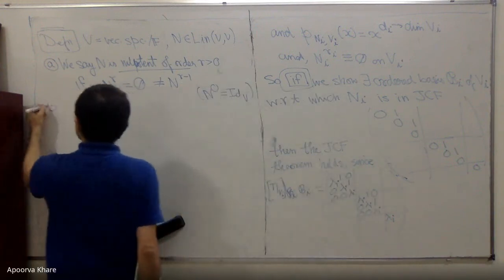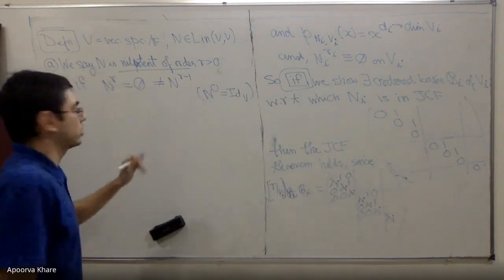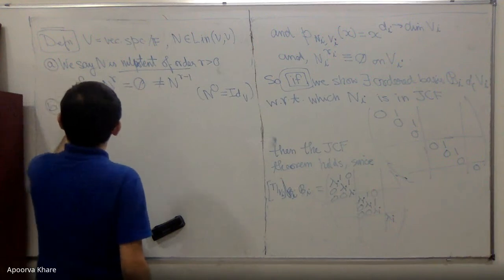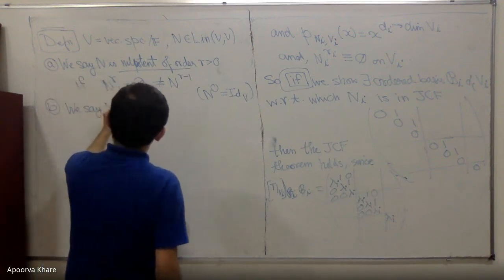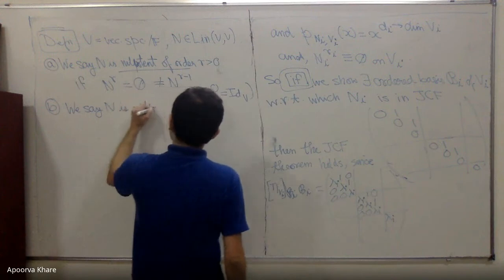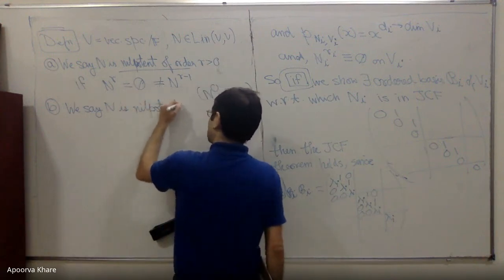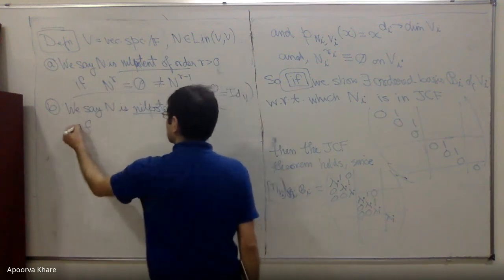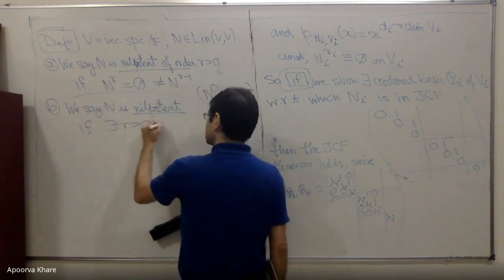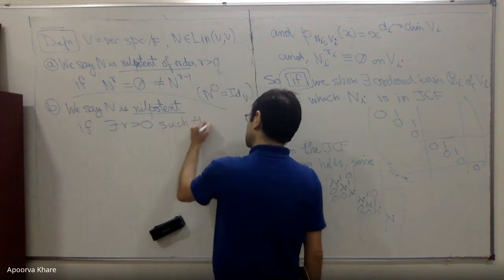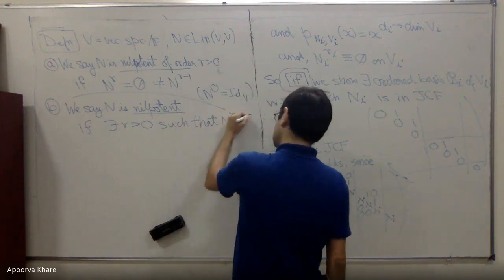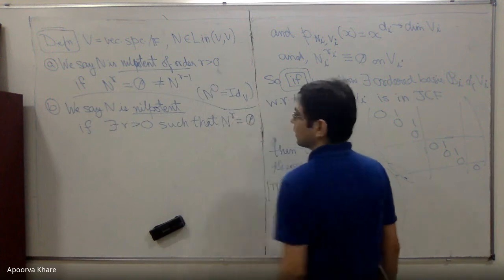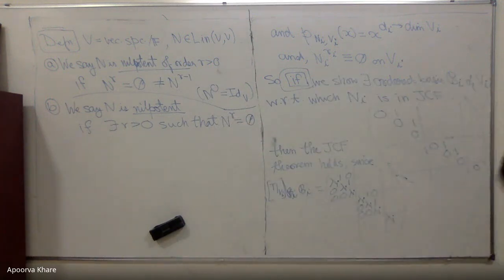The second is, we say N is nilpotent if it is nilpotent of some order, that is, if there exists some integer R bigger than 0 such that N to the R is 0. That is the definition of a nilpotent map.